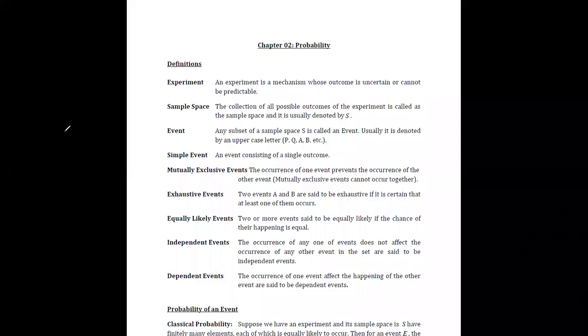In this session, we will discuss the basic concepts of probability. When we discuss probability, first we have to have an idea regarding the terms which are commonly used in probability. There are some scientific terms we actually have to use.